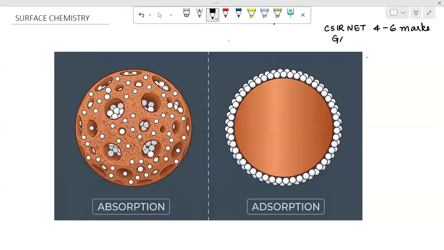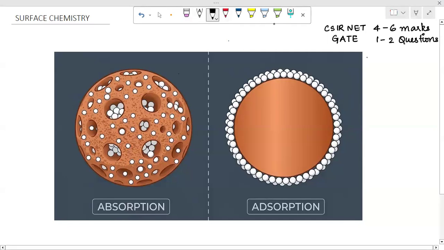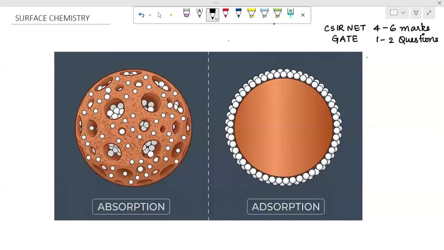With regard to GATE, we can expect 1 to 2 questions. So this is the general trend. If you understand the concepts well, this can be one of the promising topics in your preparation, which would give you marks. So let's start with today's topic.